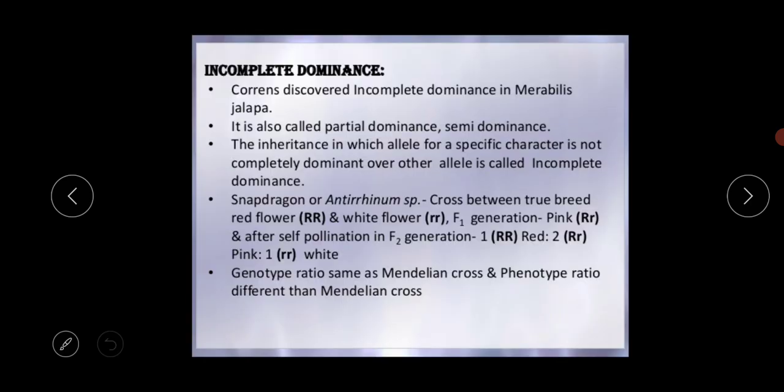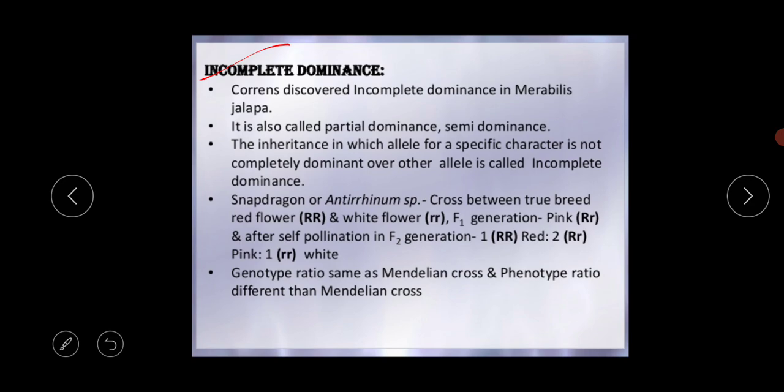Okay, next is incomplete dominance. So what is the meaning of incomplete dominance? All the patterns of inheritance cannot be explained exclusively on the basis of Mendel's original principles. What are Mendel's original principles?